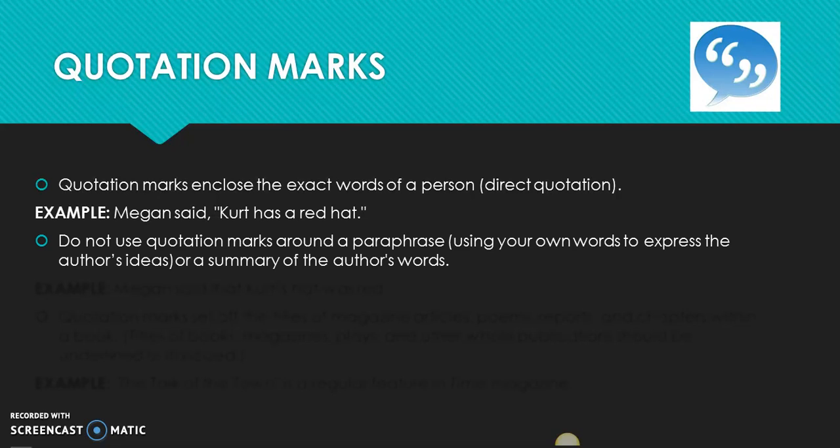Do not use quotation marks around a paraphrase, which is when you use your own words to express the author's ideas or a summary of the author's words. Example: Megan said that Kurt's hat was red. You are reporting what the other person said, but you're not stating literally what the person said.